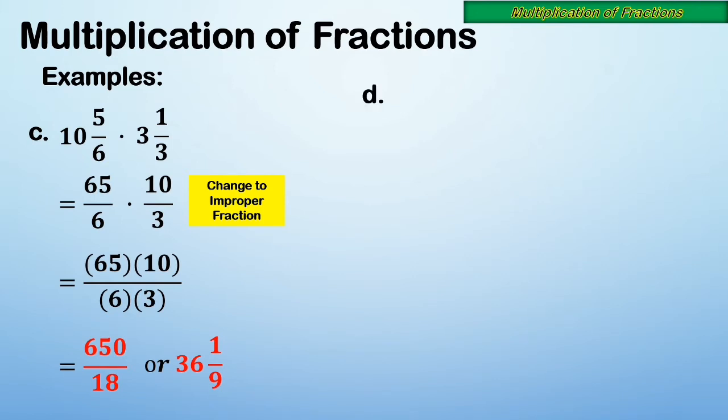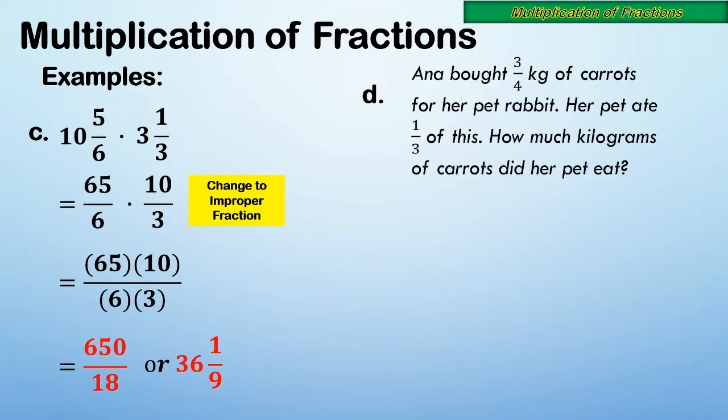How about the examples in letter D? The first problem in our introduction: Anna bought 3/4 kilograms of carrots for her pet rabbit. Her pet ate 1/3 of this. How many kilograms of carrots did her pet eat?